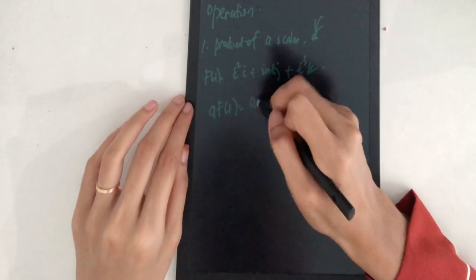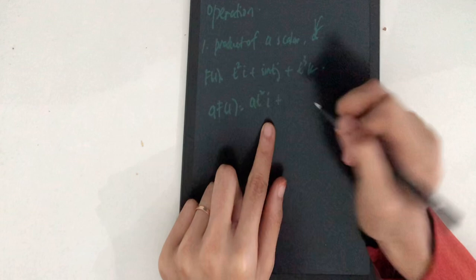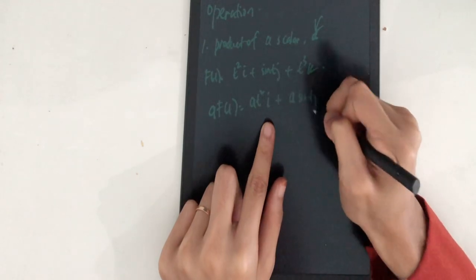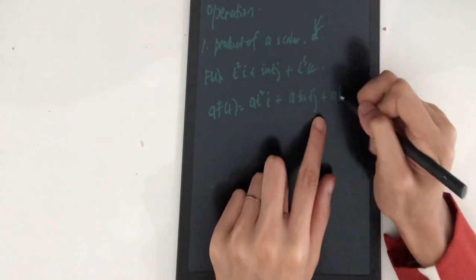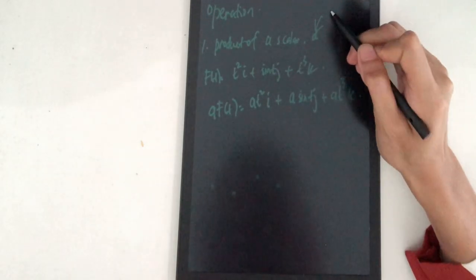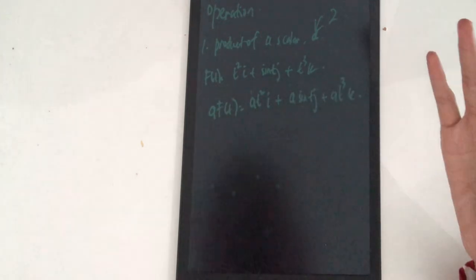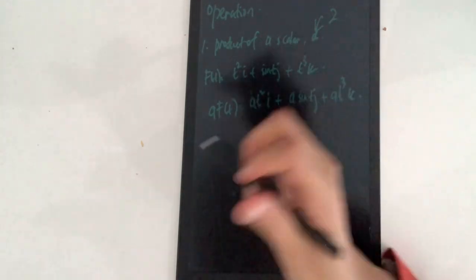So you have a t squared i. Don't forget to write your i. And then plus a sin t j, and then plus a t cubed k. So a can be any number. For example, I change a to 2, so the whole thing will be multiplied by 2. That's it, that is the product of a scalar.